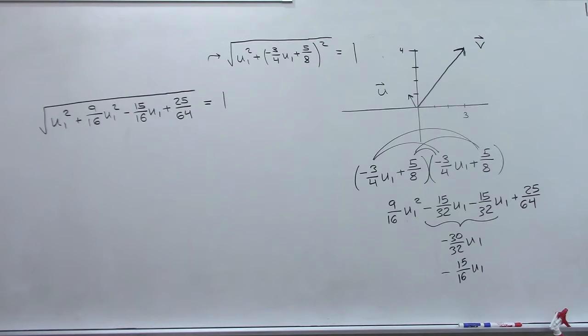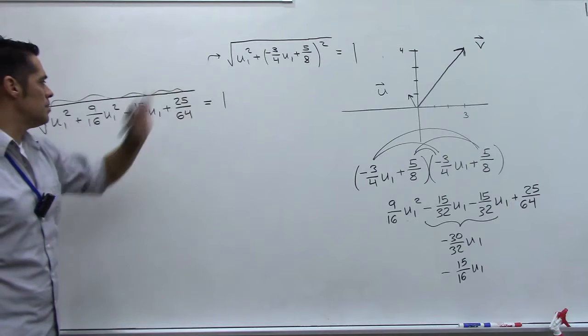And I can start putting this stuff together. Well, let's square both sides. We square both sides and the root goes away. 1 squared is still 1.